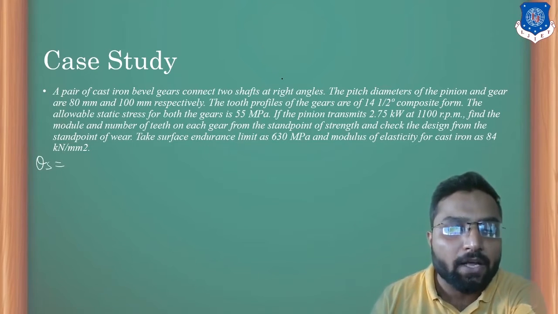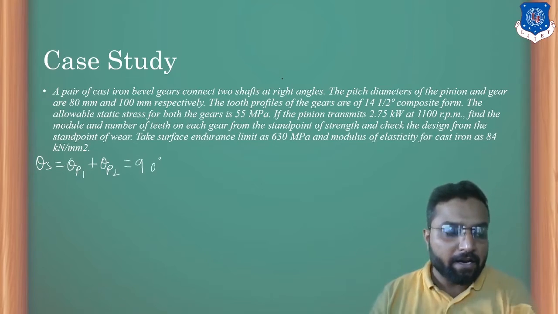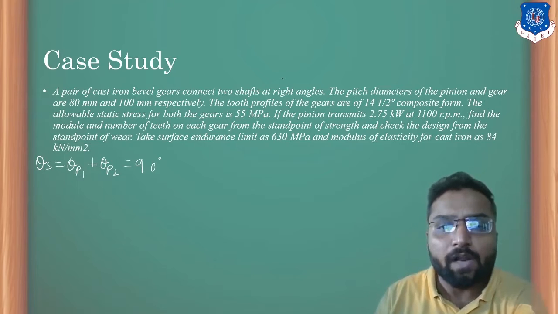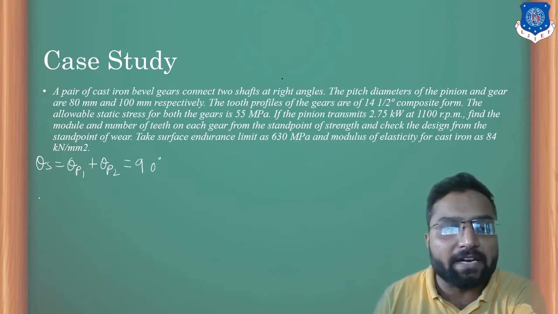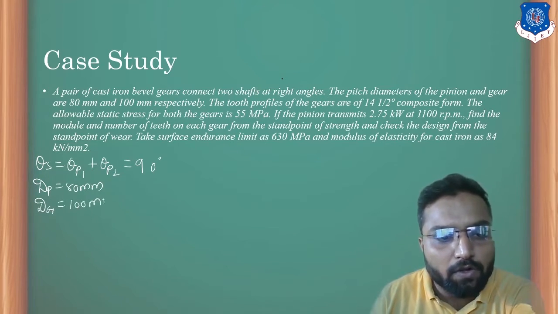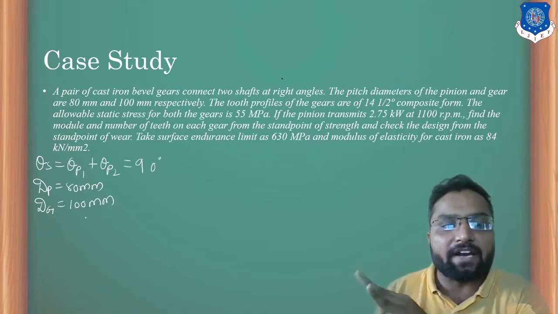This is the total angle, represented by theta p1 plus theta p2: one is the angle made by the pinion, the other is the angle made by the gear, and the total is 90 degrees. Clear? Second thing, the pitch diameter of the pinion, dp, is 80 mm, and dg is 100 mm. So we have dp and dg, the diameters of pinion and gear.